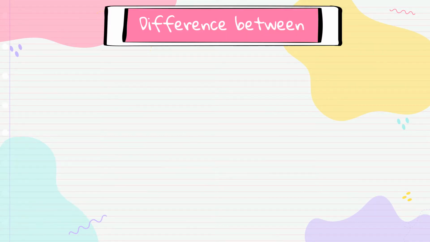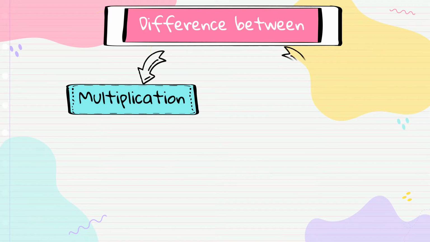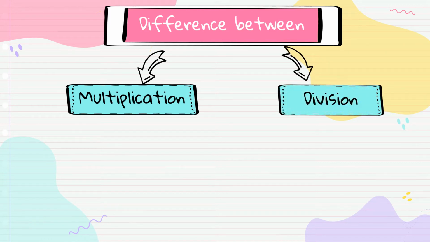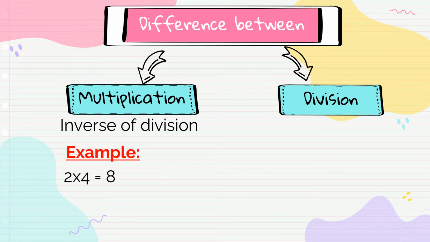Let's look at what is the difference between multiplication and division. Multiplication is inverse of division. For example, 2 times 4 is equal to 8. When we inverse it, it becomes 8 divided by 4 is equal to 2.